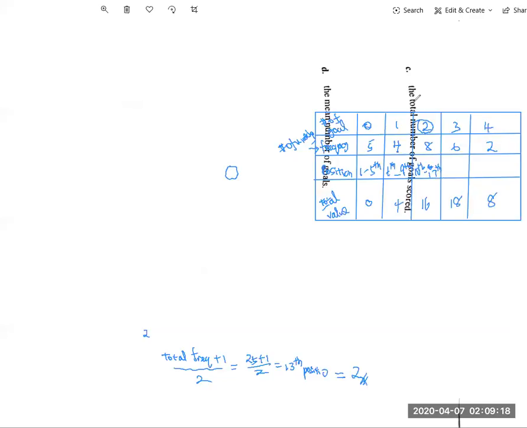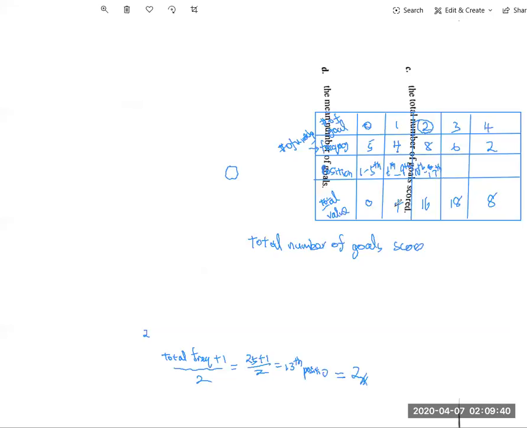Now, to answer the total number of goals scored, you just add this together. So total number of goals scored is adding all the total values for each of the columns.